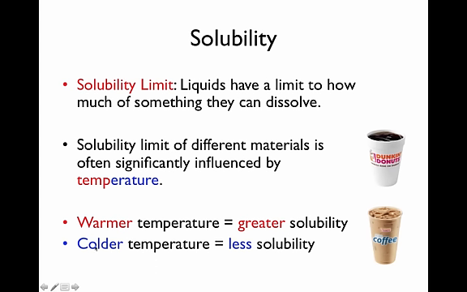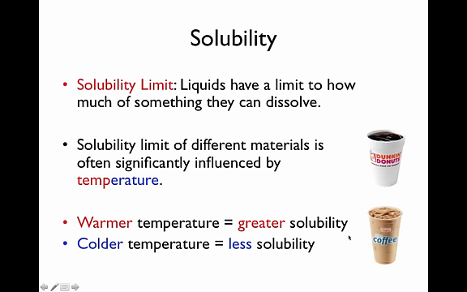And in general, if the liquid is relatively cold, then its solubility limit is reduced. It's usually able to dissolve less of a particular material. So if you have an iced coffee from Dunkin' Donuts, and let's assume that it's made of the same coffee, and you have the same amount of each type of coffee, the iced coffee is probably only going to be able to dissolve significantly less sugar than the warmer coffee.